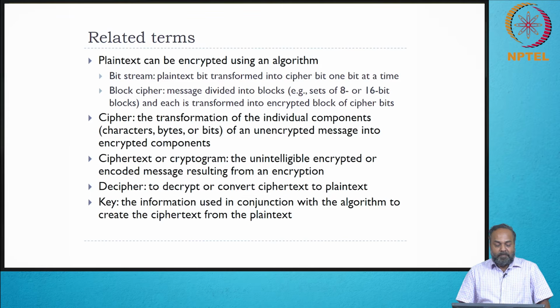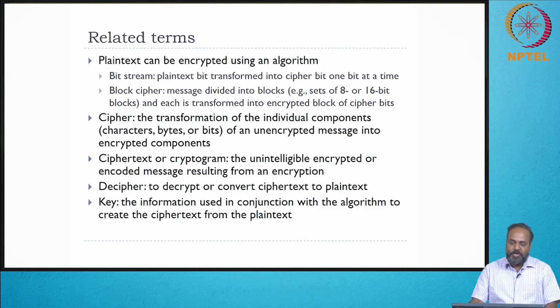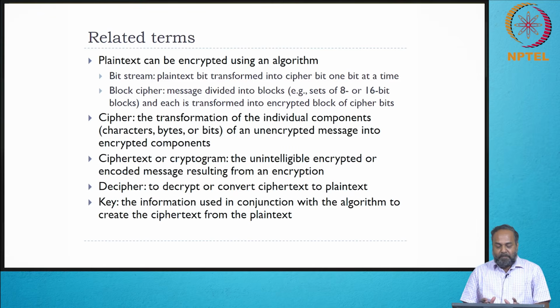So basically there is a plain text, your message, that is the original message, and it is sent as a bit stream over a communication channel, and the bits are grouped into blocks. It could be blocks of 8 bits or 16 bits and so on, and each block is what gets encrypted.